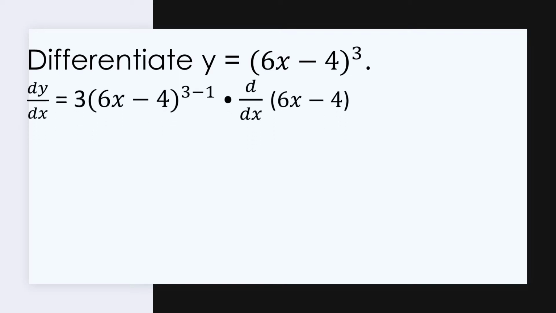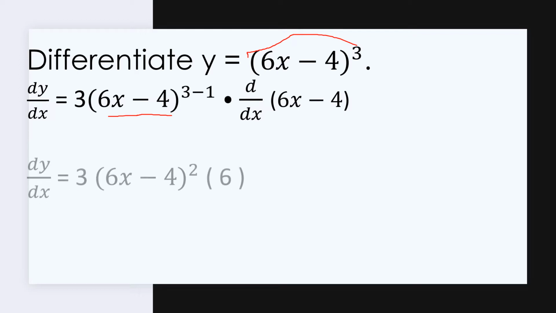Apply the chain rule: 3 times 1, you have 3. Then minus 1: 6x minus 4 raised to the power of 3 minus 1, times the derivative of the function inside, 6x minus 4. What is the derivative of 6x minus 4? That is 6, correct.